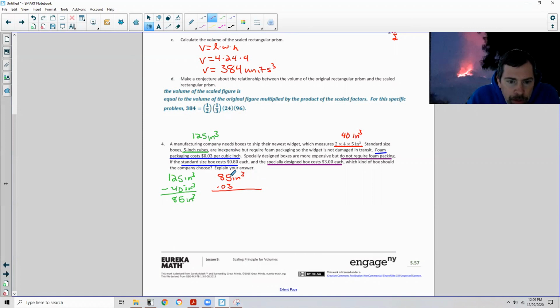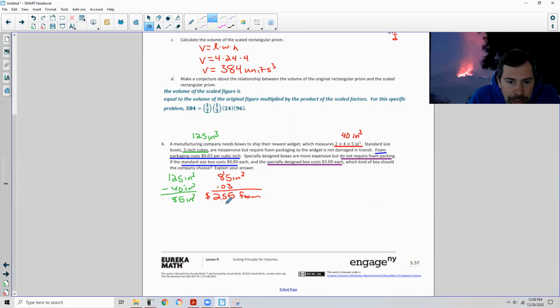So multiply this, I get 5 times 3 is 15, 8 times 3 is 24, plus 1 is 25, and there's 2 decimal places. So it will cost $2.55 for the foam. This is foam. 3 cents per cubic inch, 85 cubic inches, $2.55 of foam.